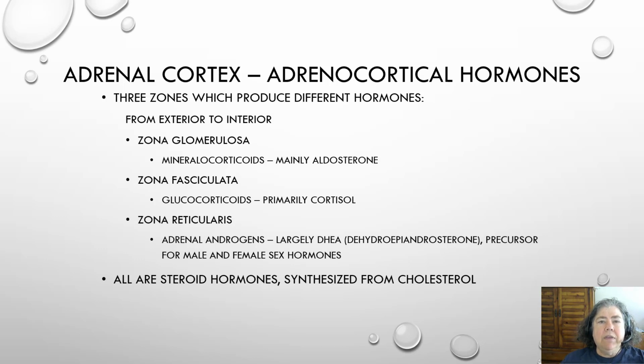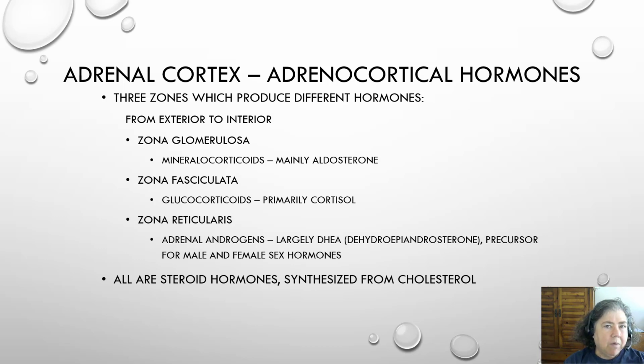So we have 3 important types of adrenocortical steroids or hormones. The 3 hormones are produced by layers of the cortex, and from outside to inside, they're the zona glomerulosa, the zona fasciculata, and the zona reticularis.